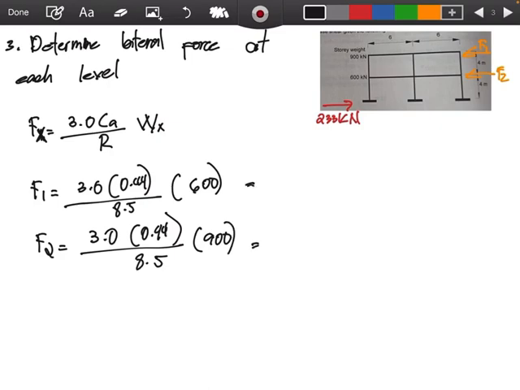So our F1 would be 93 kilonewton and our F2 would be 140 kilonewton. Okay?